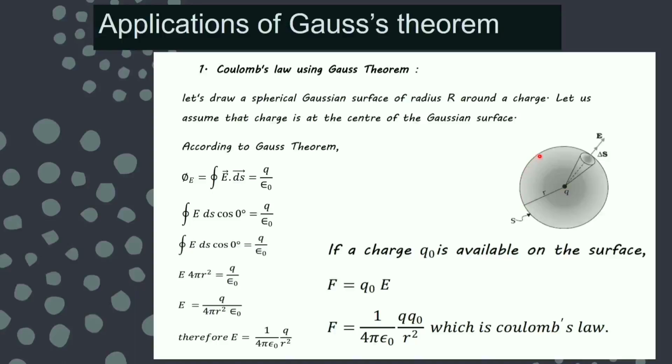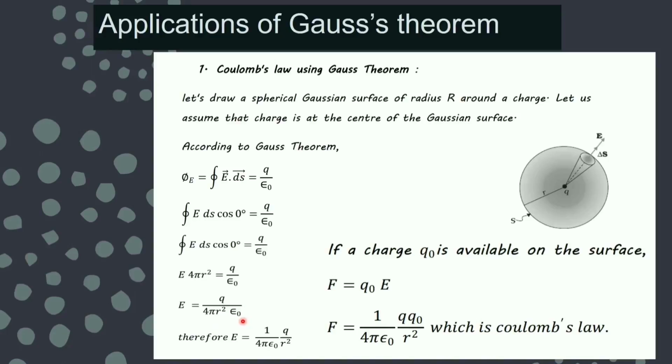The surface area of the whole spherical surface is obviously 4 pi r square, so the integral of ds is 4 pi r square, and I can replace the integral of ds by 4 pi r square. Simply by rearranging, I get the value of the electric field, which comes out to be q upon 4 pi epsilon naught r square.